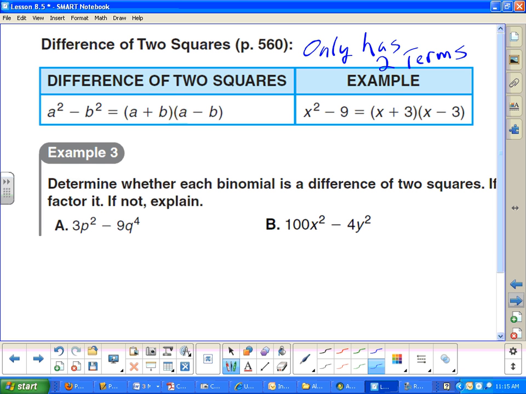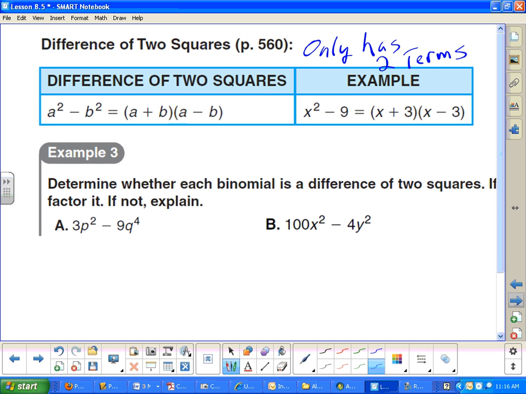Perfect square trinomials, okay, what's the key word there? Trinomial, and trinomial means three parts, okay, three terms. So difference of two squares means I'm taking two squares and subtracting them. Perfect square trinomial means I have three terms.